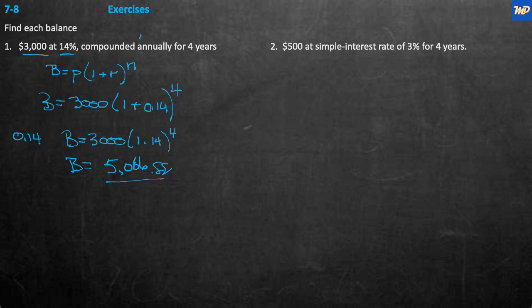So there it is. I'll write it again: 5,066.88. B is equal to that amount right there. Okay, let's do the next one.